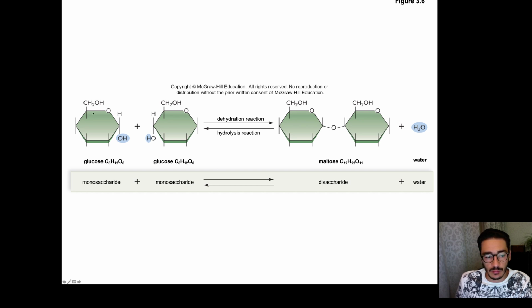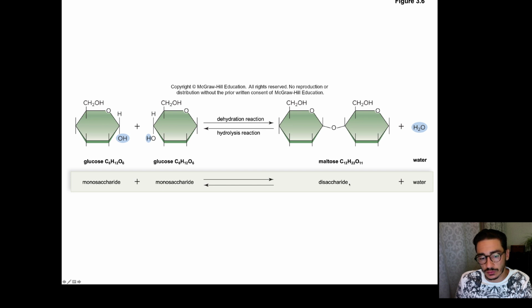So now you have a monosaccharide plus a monosaccharide. What is mono? Mono means one. Saccharide means sugar, from Latin, right? So you have one sugar plus one sugar, and you have a disaccharide. What is a disaccharide? Di means two, saccharide means sugar.